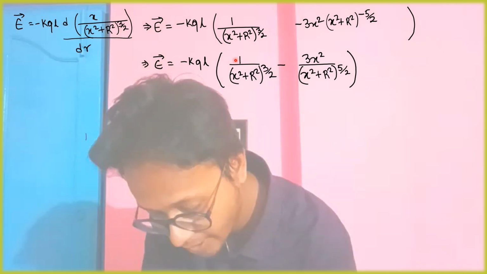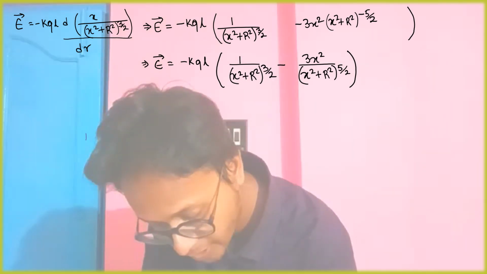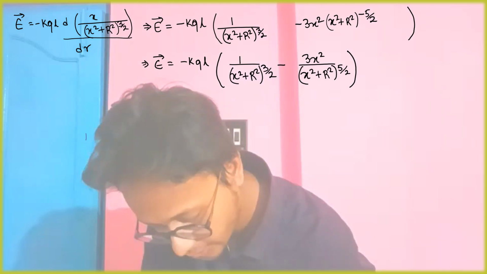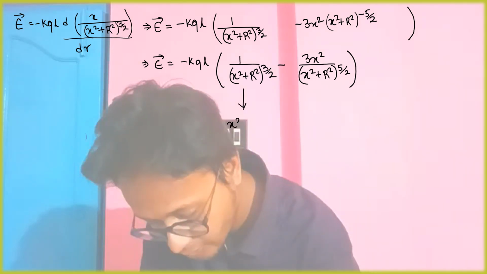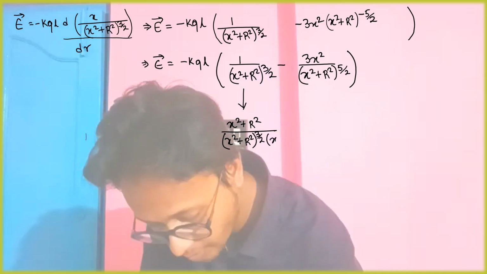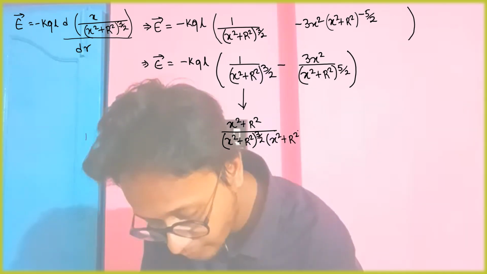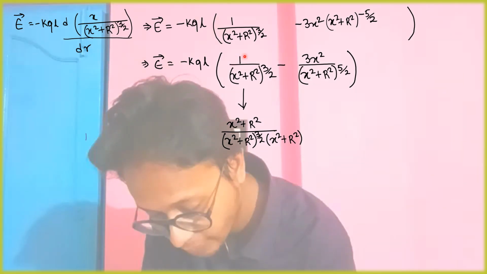So I can multiply (x square plus r square) in the numerator and the denominator. If I multiply x square plus r square divided by (x square plus r square) to the power 3 by 2 into (x square plus r square), I can do that, no? Because both these things will get cancelled to become 1.